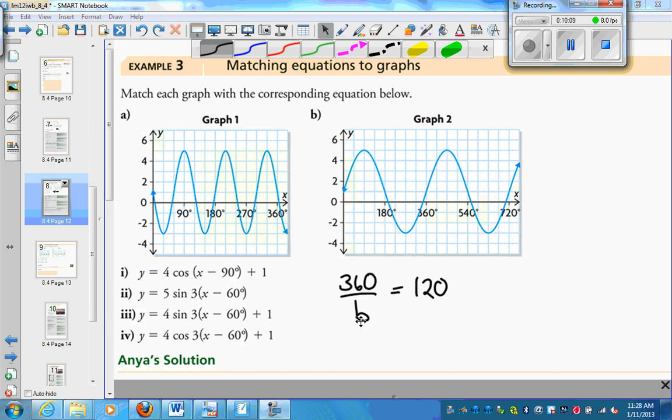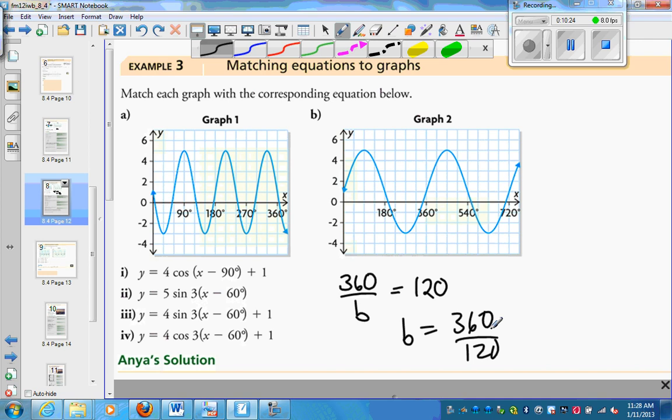So 360 divided by b equals 120. Doing some algebra, we multiply both sides by b, then divide by 120. b equals 360 over 120, which is equal to 3. So I've already said it has to be one of these, but then it also has to have a 3 in front. So I've taken out that one.